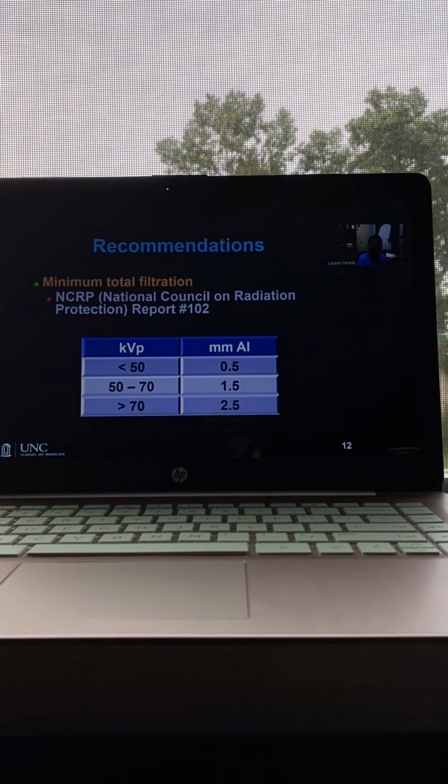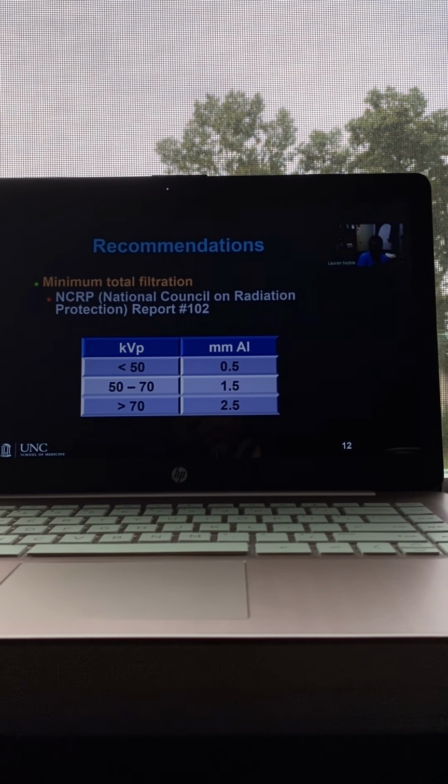Another area that would pertain to medical imaging would be mammography, because in mammography, those kVps are in the upper 20s to mid 30s. So dental and mammo. You do need to know these numbers that are recommended by the NCRP.